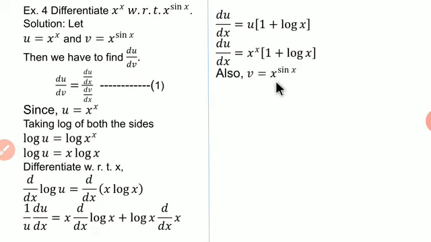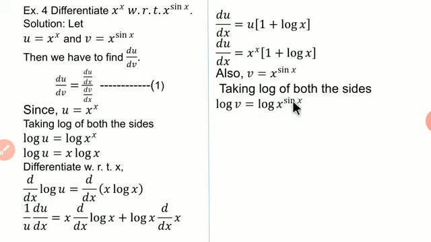Also v is equal to x raised to sin x. Again taking log of both the sides, we get log v is equal to log of x raised to sin x. Therefore log v is equal to sin x into log x.